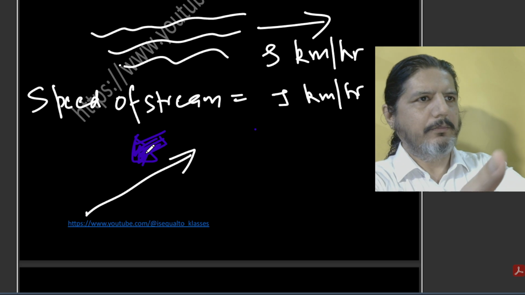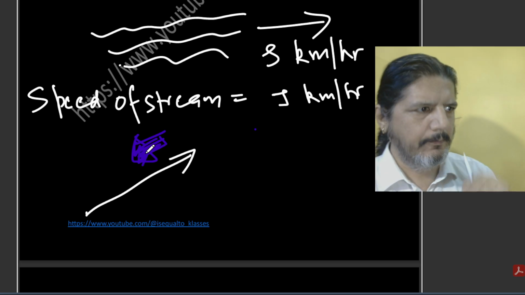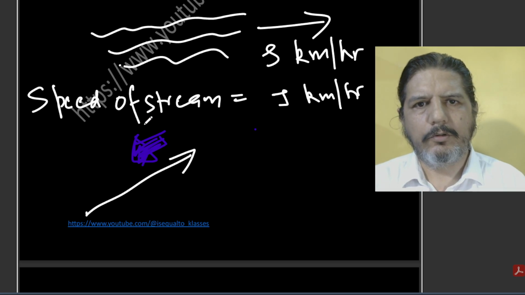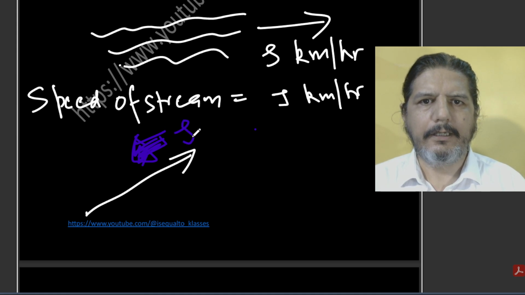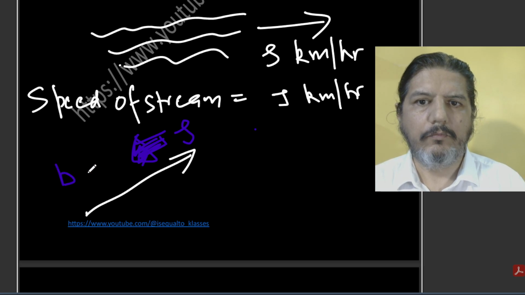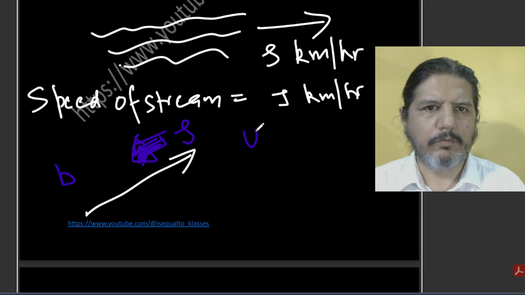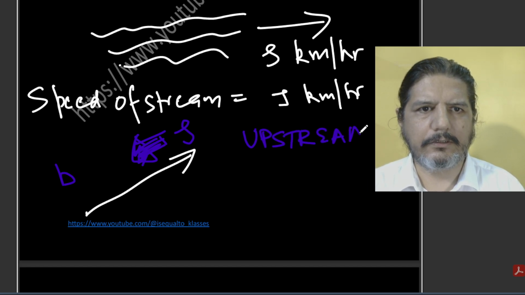So water is coming from the opposite side and you are paddling in this side. So this will be the speed of stream, so this will be s, and your speed would be b. Now here what you need to see, this is what is called upstream. Upstream implies you are going against the stream.